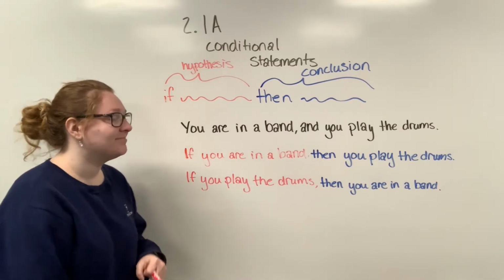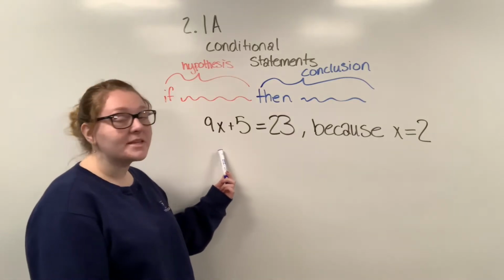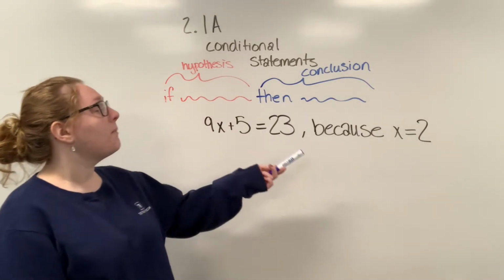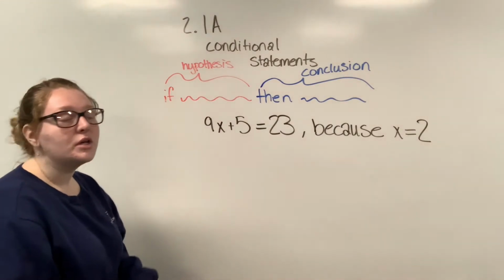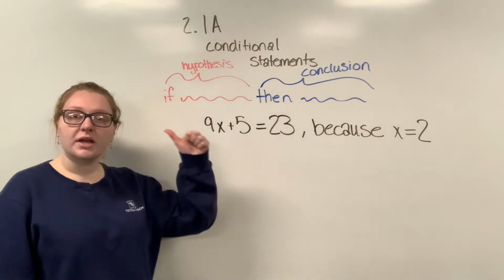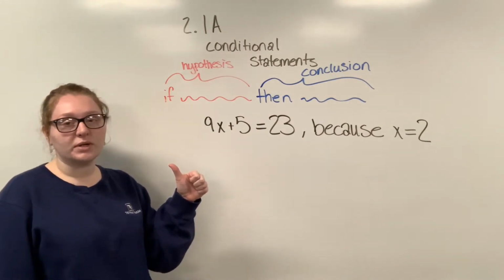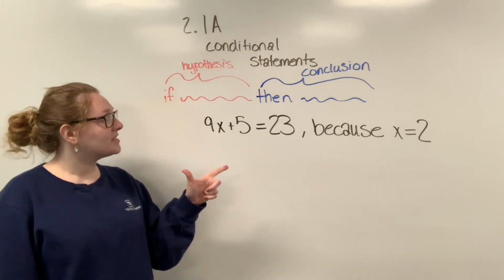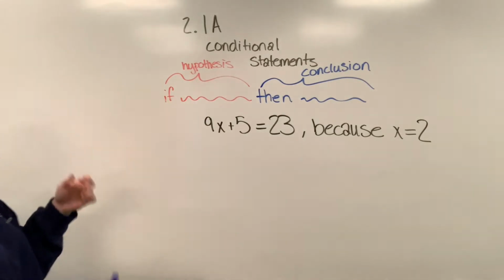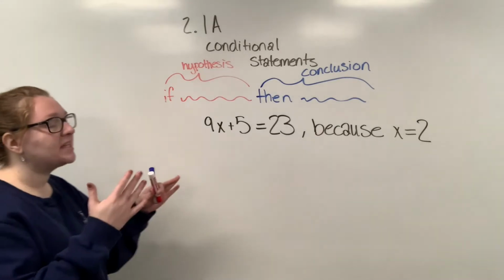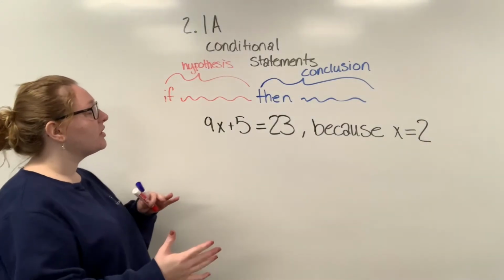So this time it says 9 times x plus 5 is equal to 23 because x is equal to 2. So the two pieces of information that we know is that 9 times x plus 5 is equal to 23 and x is equal to 2. Okay? So we don't know which piece is our hypothesis and which one is our conclusion.